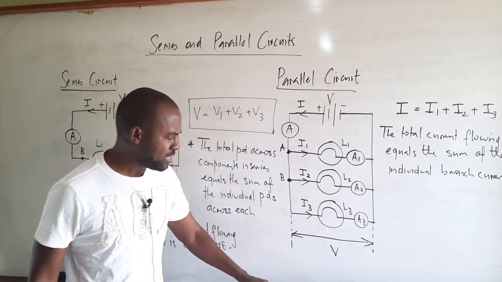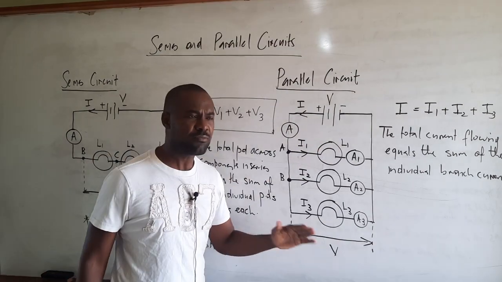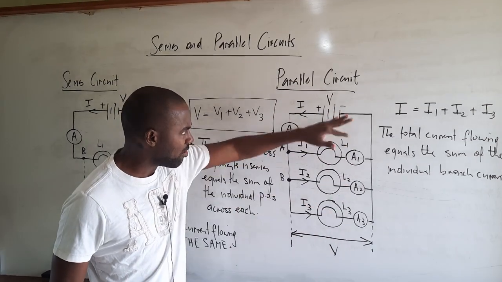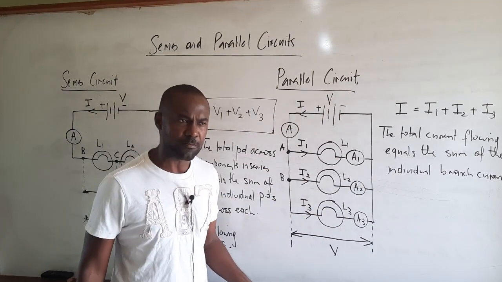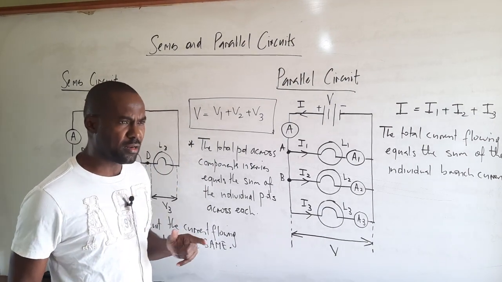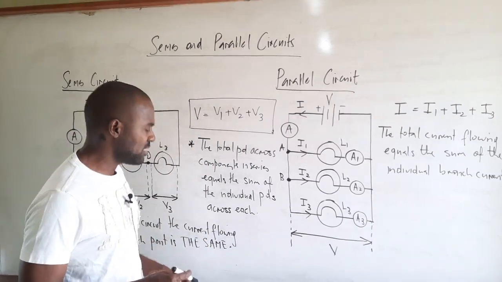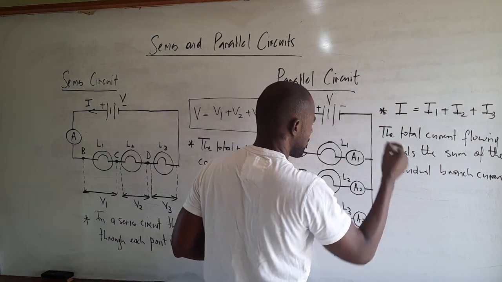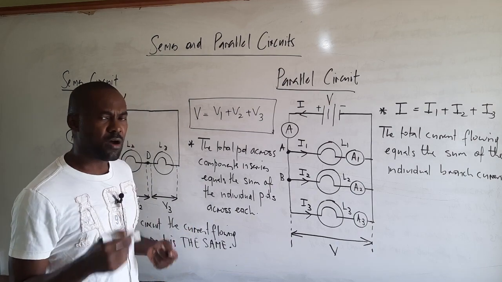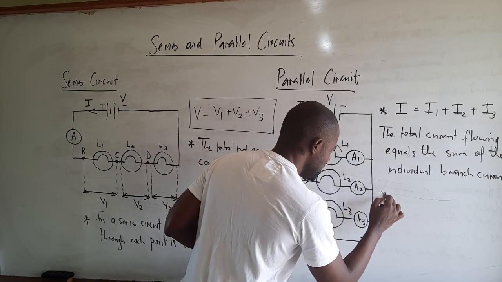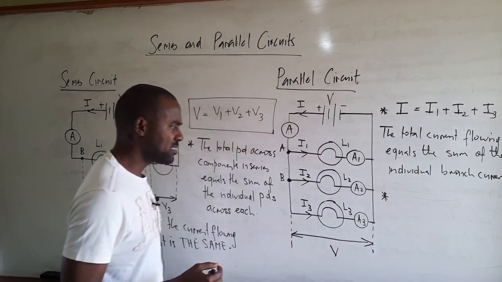Connecting a voltmeter across any of these components, whether it's the lamps or the battery, will give the same reading. And so this leads us to conclude that when components are connected in parallel, the PD across them is the same. So for components connected in parallel, the total current flowing is equal to the sum of the individual branch currents, and of course the PD across each component is the same, right?